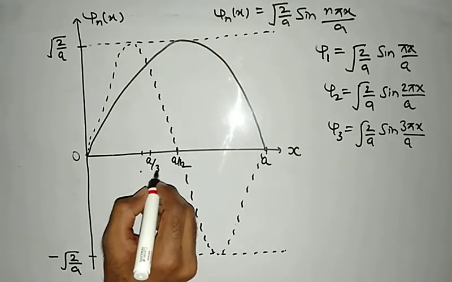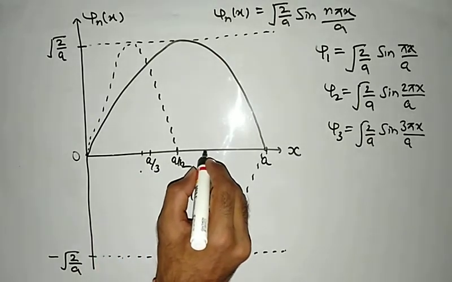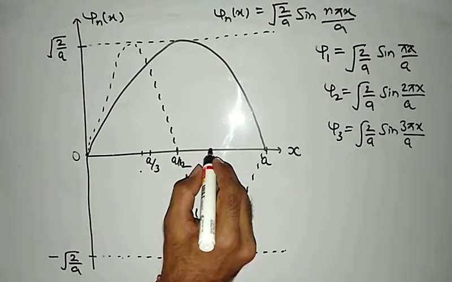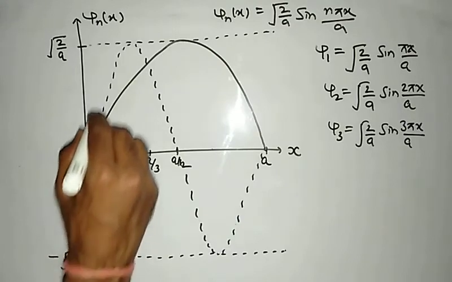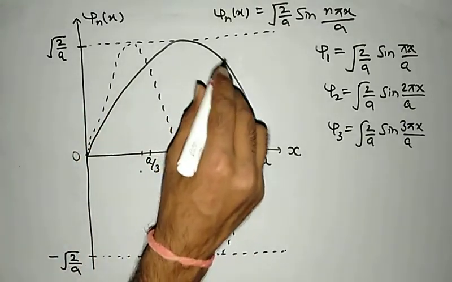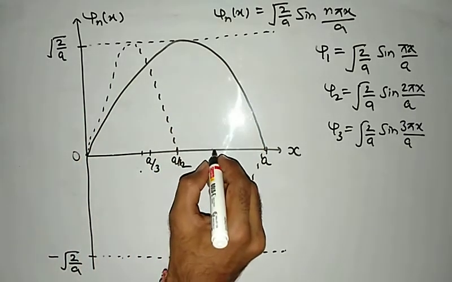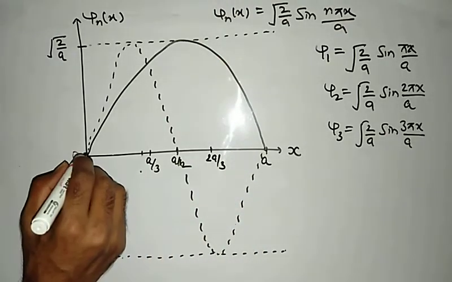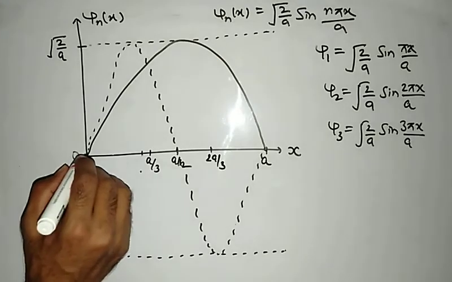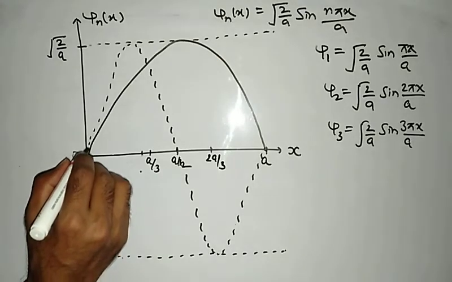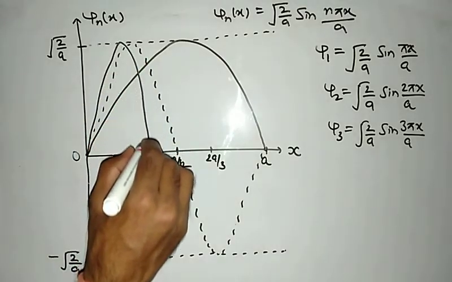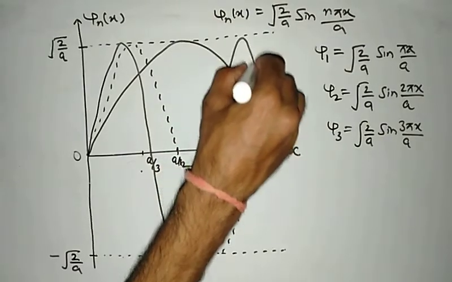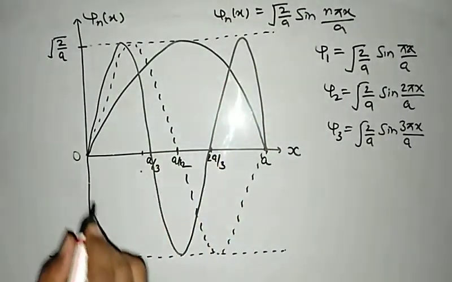Taking a by 3 and here 2a by 3, then we can form the wave function for psi 3.